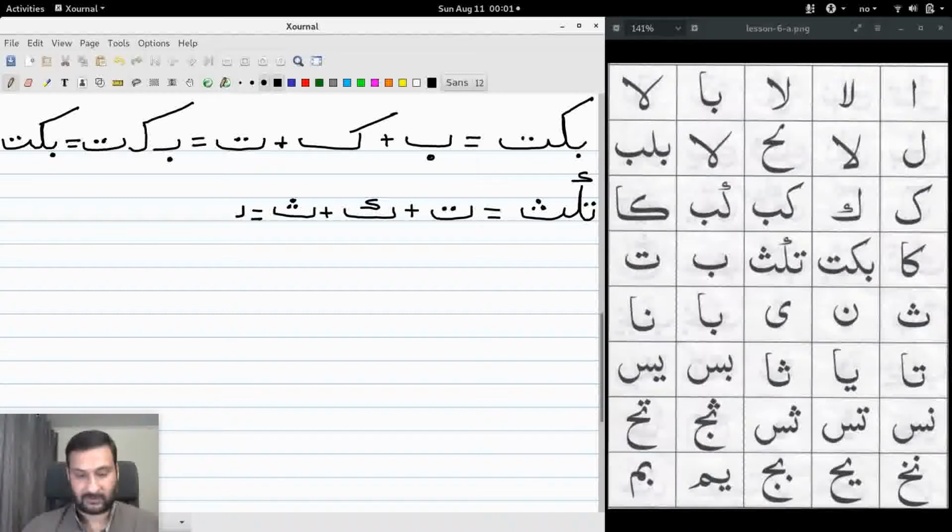The first part of ta with two dots on top of it. The middle part is made up of some part of kaf, and the last part is tha, which is the full letter. Any letter which is at the end of a word is always full. Ta, kaf, tha. So in a fluent way, it would be ta, kaf, tha.